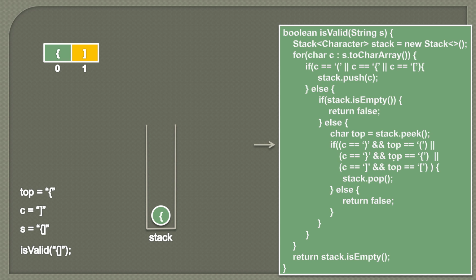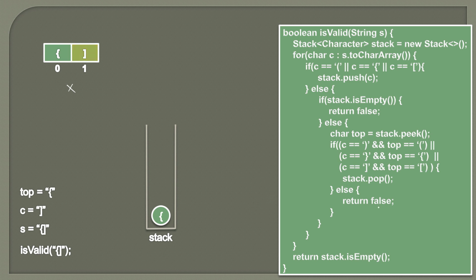Here you can see top is equal to the opening curly bracket, but C is equal to closing square bracket. So no condition comes out to be true, and this overall if condition comes out to be false. So the else part will be executed and we can return false, because for this opening curly bracket, the element next to it is a closing square bracket, which makes it an invalid string. So we can return false directly.